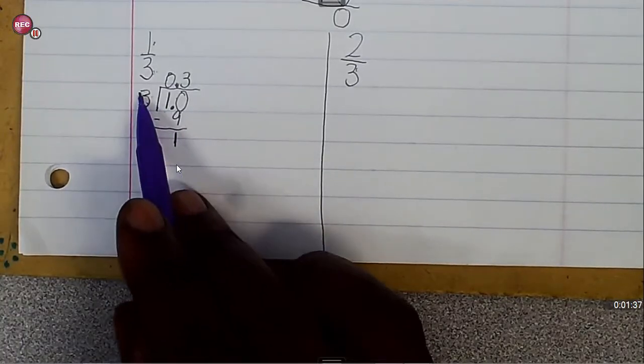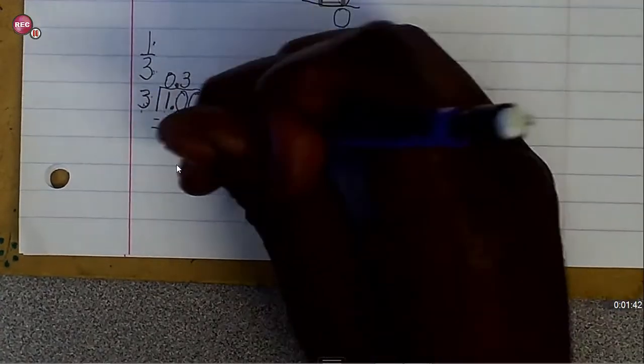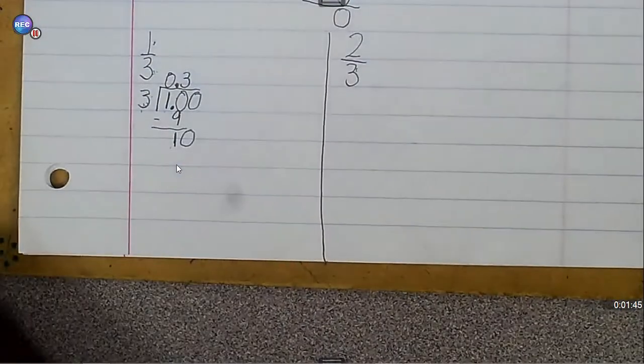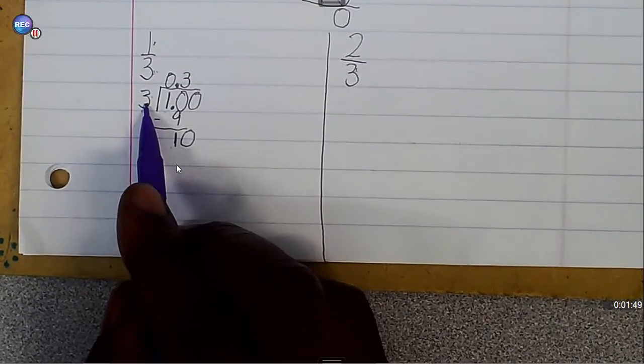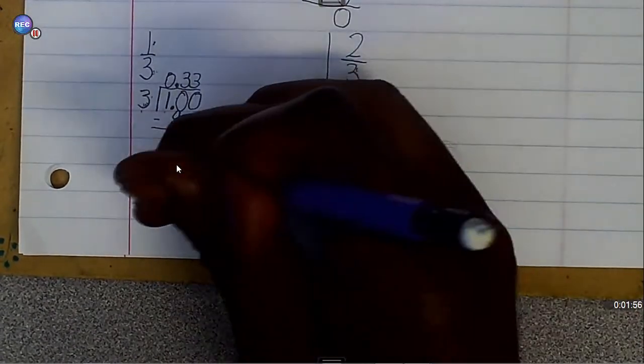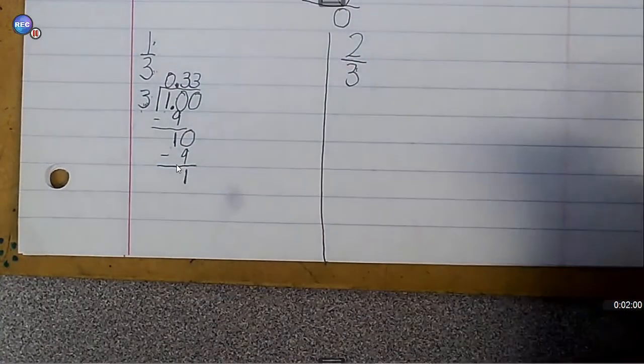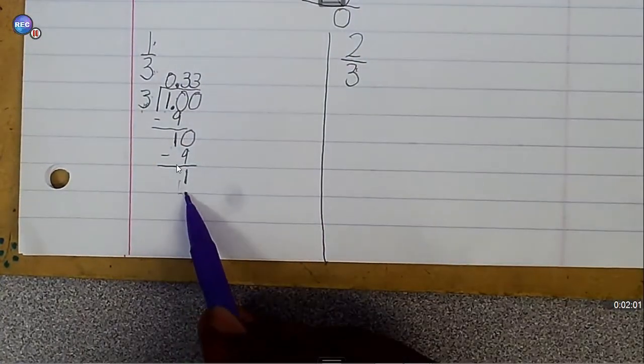Of course, I can't divide 3 into 1, so I have to add a placeholder 0 and bring it down. 3 can be divided into 10 3 times. 3 times 3 gives us 9. We subtract, and uh-oh, we have 1 again.